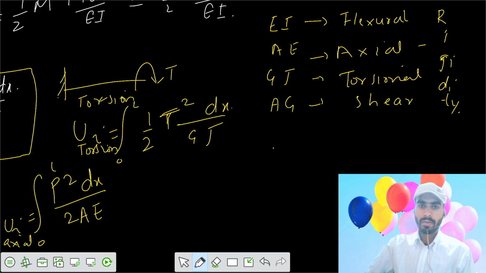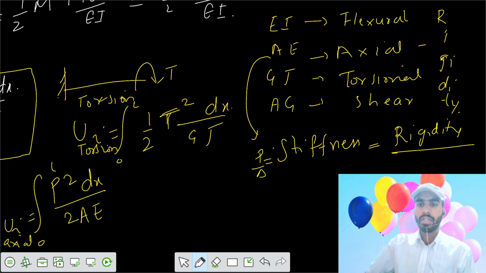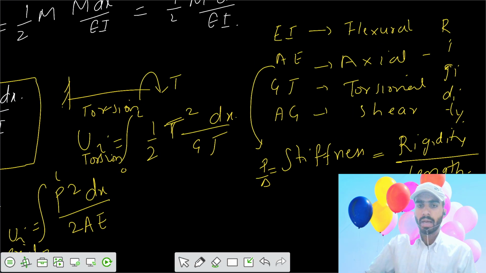Then we have stiffness. We know that stiffness is P by delta, and that equals the rigidity. For a particular stiffness, say axial stiffness, you take the axial rigidity upon the length L, AE by L.